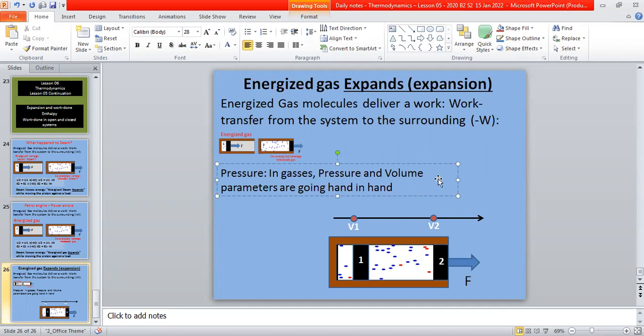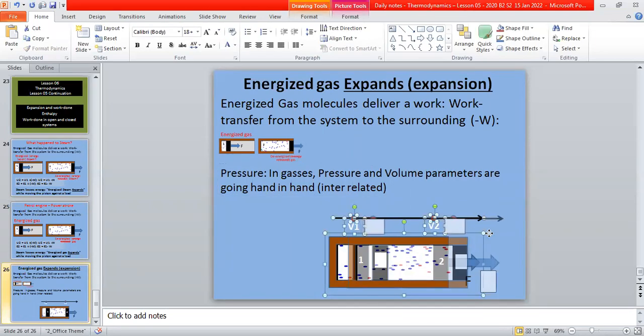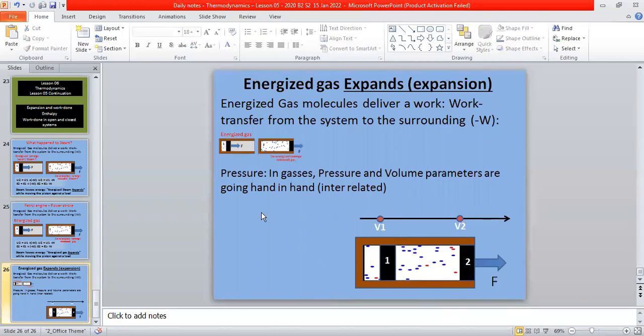Not technical, but hand in hand. Hand in hand means interrelated. Interrelated. The nature's way. Okay. The nature's way. Pressure and volume go hand in hand.